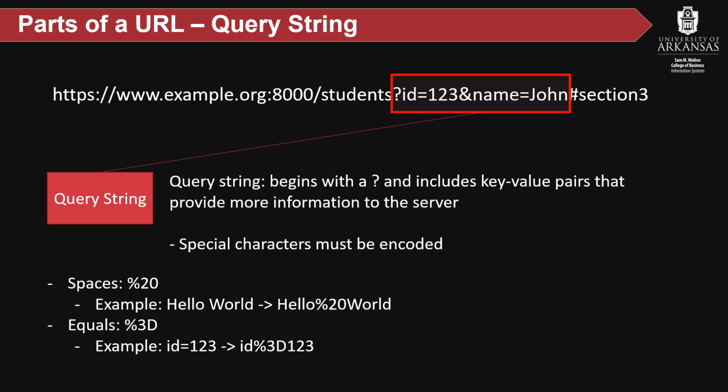The same thing, if we needed to specify an equal sign for whatever reason in our value, we would have to use the %3D encoding. So keep this in mind when you're defining name value pairs, that you can't just simply send the actual text over if it includes things like special characters or spaces.